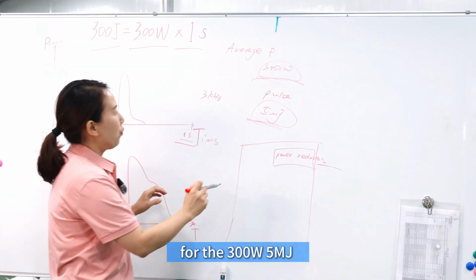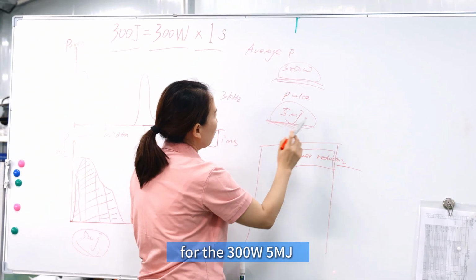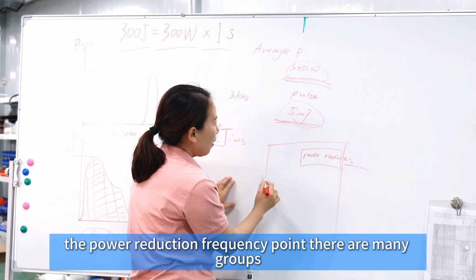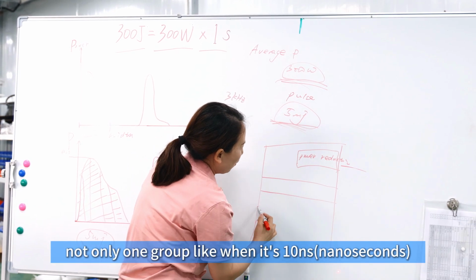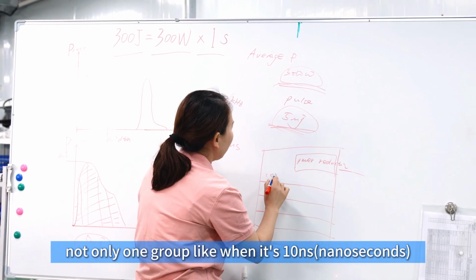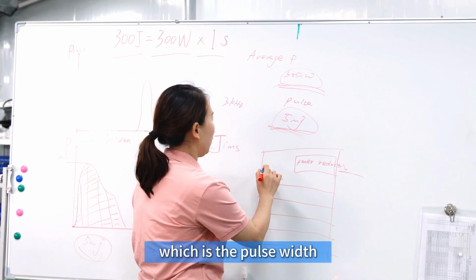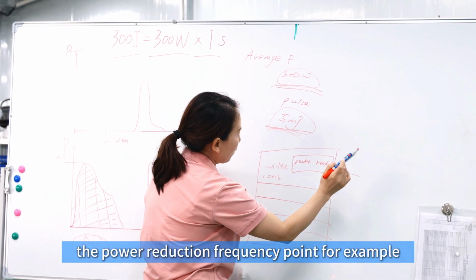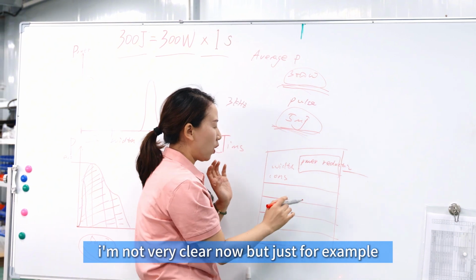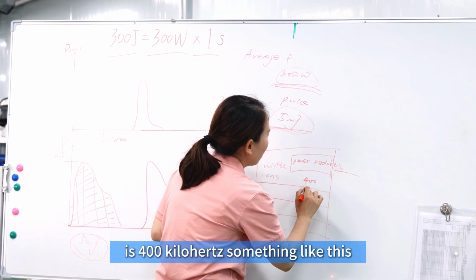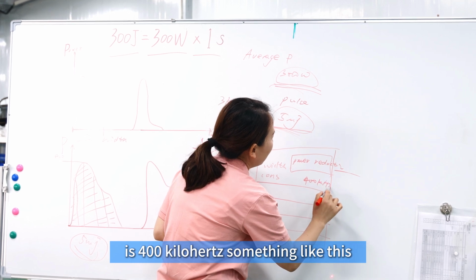For example, for the 300 watt 5 millijoule laser, the power reduction frequency point has many groups, not only one group. For example, when it's 10 nanoseconds, which is the pulse width, the power reduction frequency point, just for example, is 400 kilohertz, something like this.